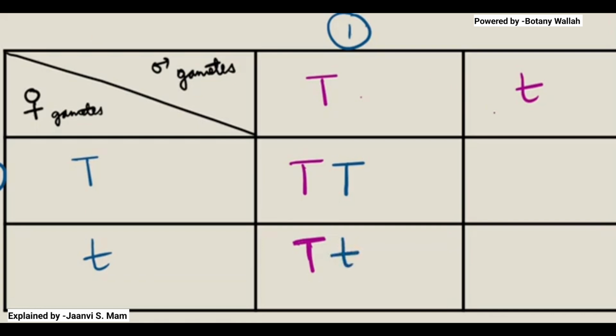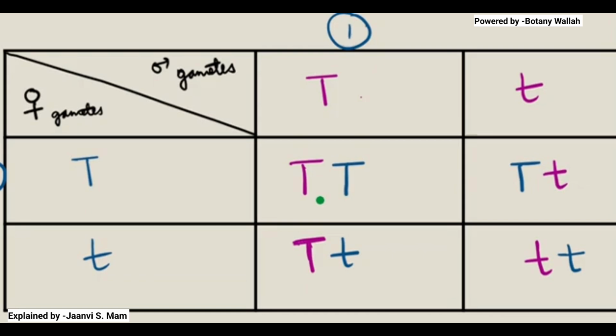Again you take small t of male gamete and capital T of female gamete. Again you take small t of female gamete and small t of male gamete.